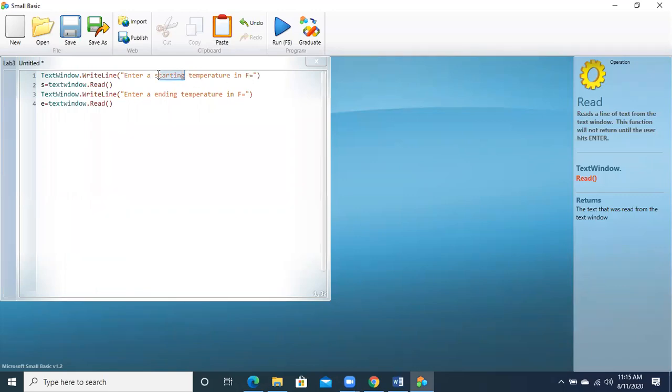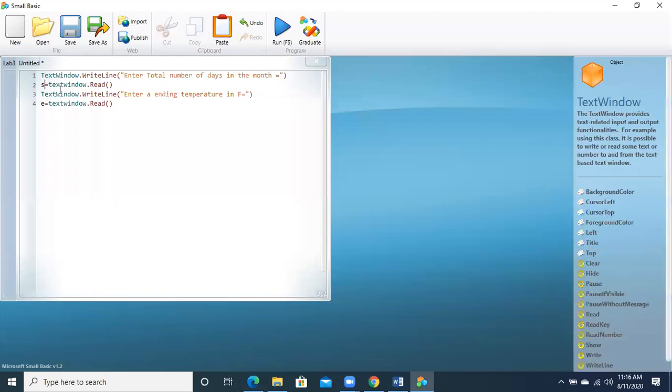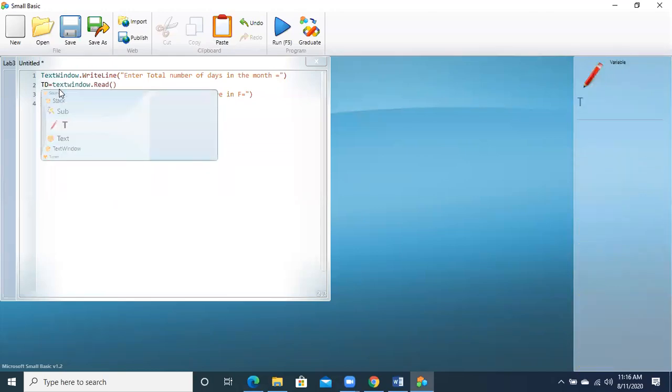Enter total number of days. I am writing over here: Enter total number of days in the month, number one. And we are storing it in TD for total days. I have taken the variable TD for total days.